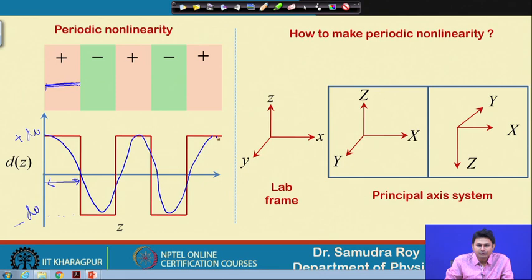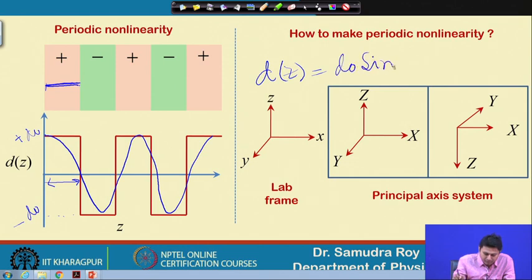So, we need to take care of this issue, because when we developed the theory in the previous class, we considered d as a function of z as d 0 sine of k q of z. This was our assumption that D is varying sinusoidally, but in real case we find that it is not varying sinusoidally, it is varying in a step like function from positive to negative.